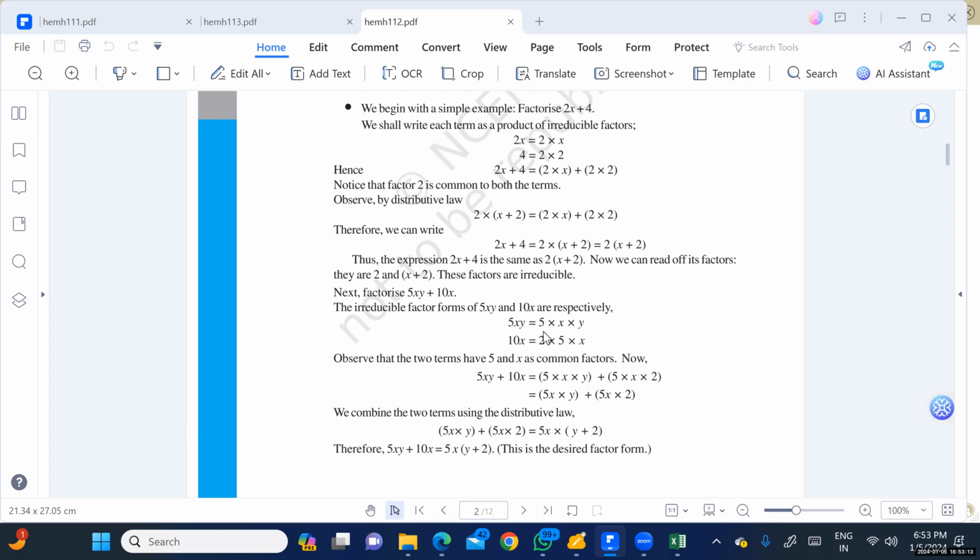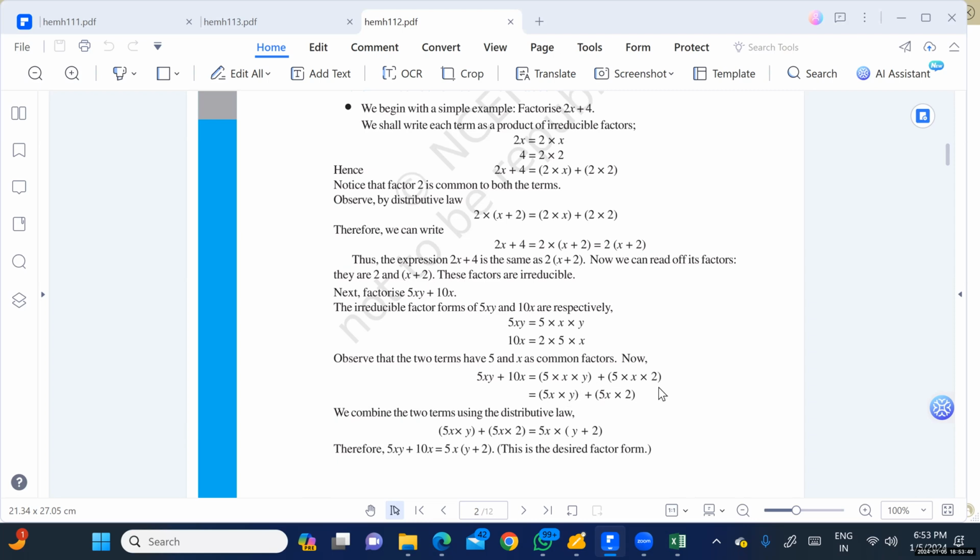So now the expression 5xy plus 10x is equal to 5xy plus 5x2, which is equal to, taking 5x as common, 5x into y from here and 2 from here.